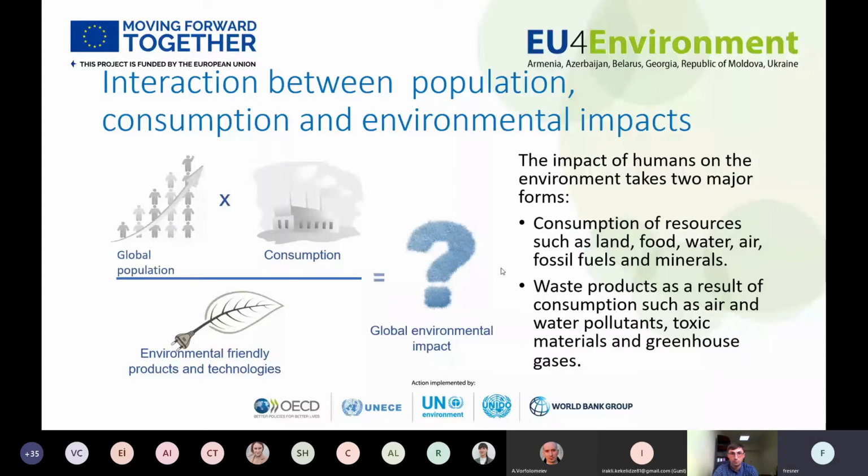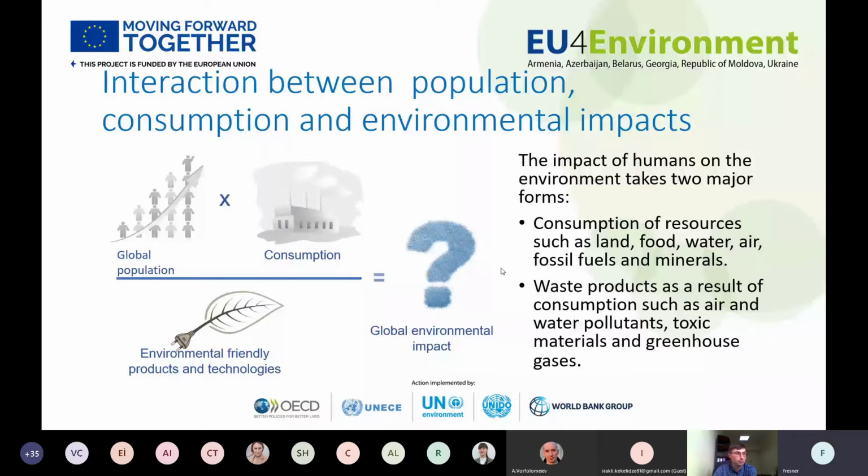Global population, consumption, production, which is there to provide products to satisfy our needs, our requirements, leaves an environmental footprint. And by applying environmentally friendly products and technologies, we can reduce it.